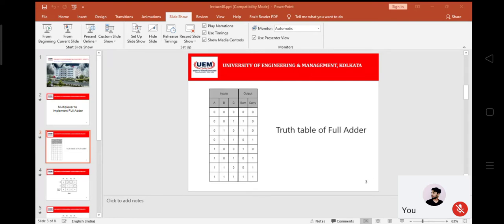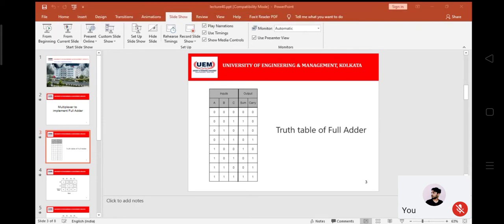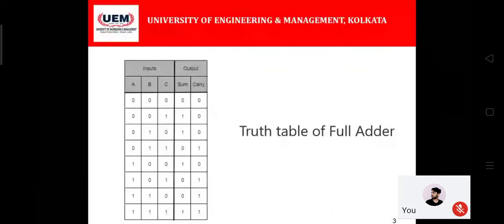He will not tell a lie about his name, right? The same way, multiplexers can be used to behave like any other circuit, and people will understand that this is not a multiplexer but rather a truth table. But to implement that, we need to obey some constraints.